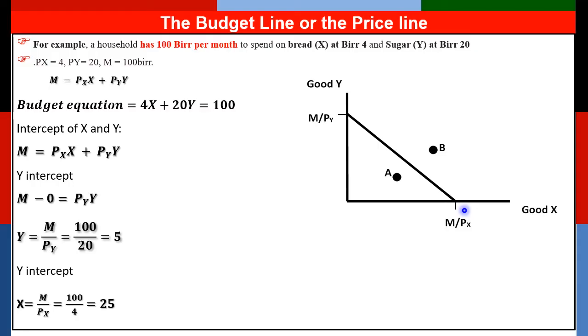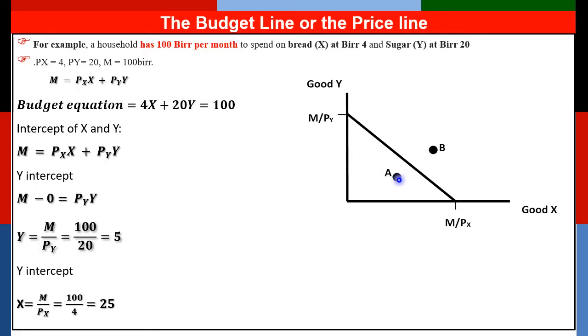So now it is easy to draw what? The graph of the budget line. Here, this is the budget line. Since we get the intercept of X, which is 25 and 0 at this point, and the intercept of Y is 5, therefore at this point we have 0, the value of X, and 5, the value of Y. And then we can draw the budget line which looks like this.